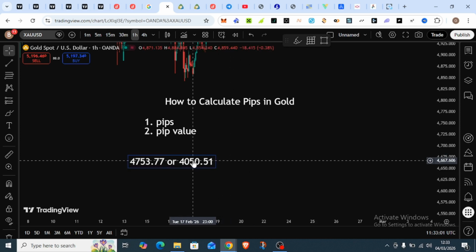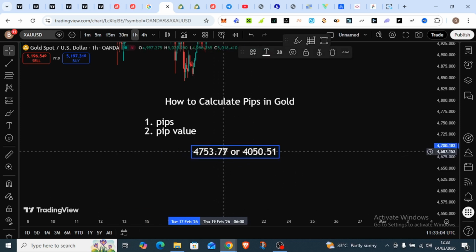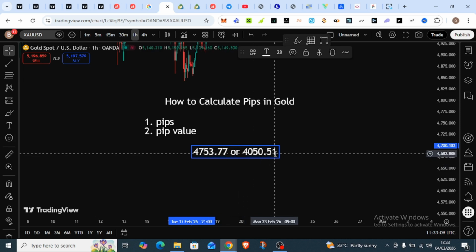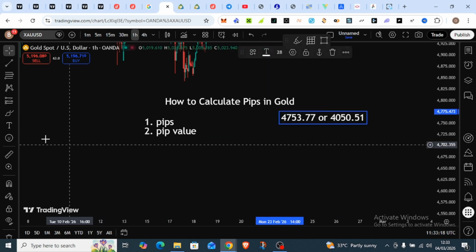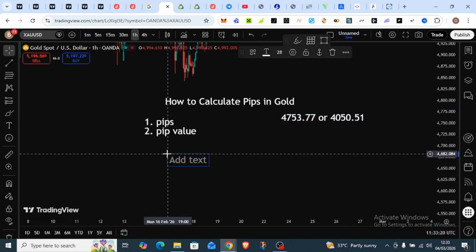As you can see from this example, this price is quoted in two decimal places, 0.77 and 0.51. You have to take note that gold pip size is equal to 0.01.